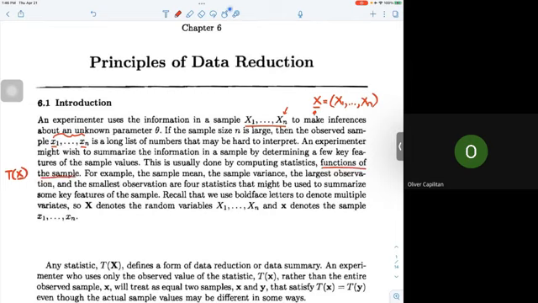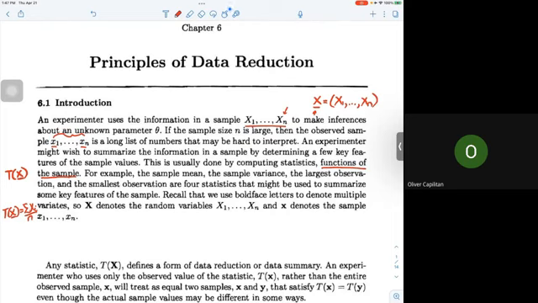So an example of a statistic is the sample mean. In this case, when we have a sample mean, our T of x would be the summation of the X sub i over n, where the index of the summation, i, starts from 1 up to n.